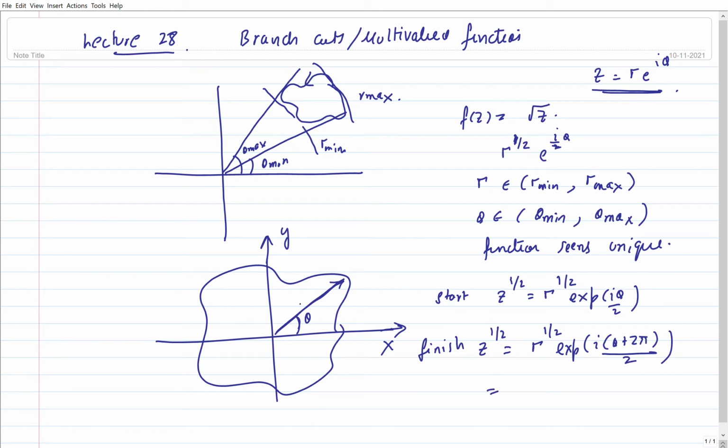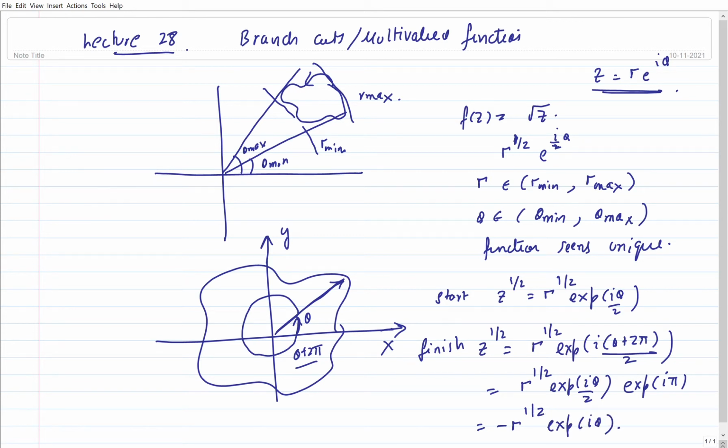So I am taking the whole rotation, when theta goes to theta plus 2 pi. That evaluates to r to the power of half e to the iota theta by 2 e to the iota pi, and that becomes this guy.